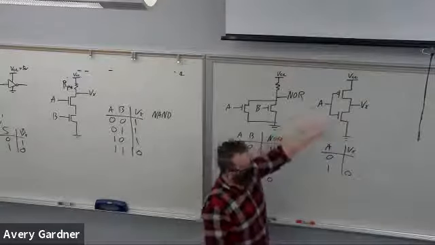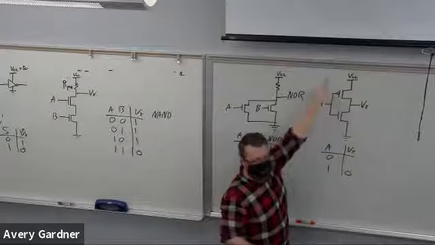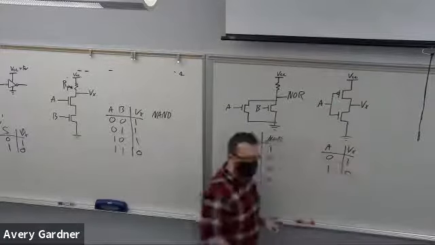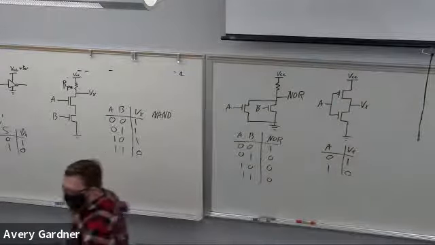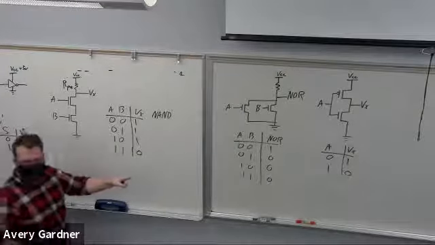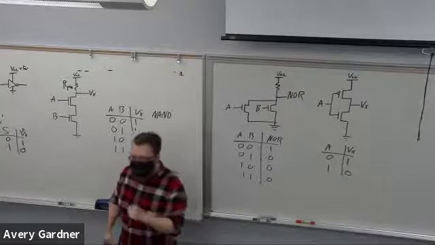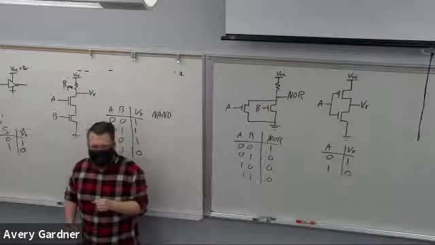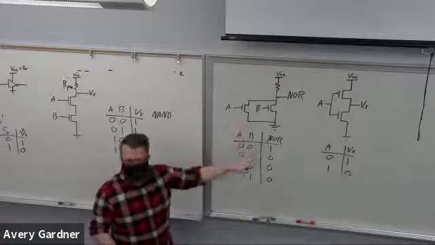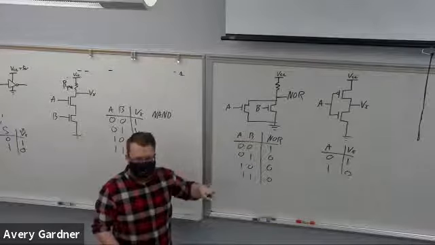In a 0, this switch opens, this switch closes, pulls to VCC, or a 1. But what you'll notice here is that in neither case are both switches closed. And so in neither case does any power get consumed, except for when you're changing from 0 to 1.